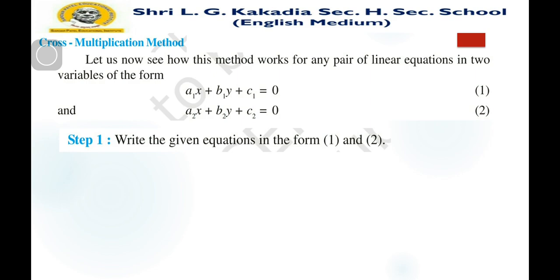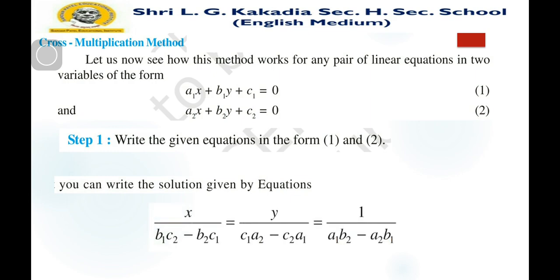Now in the next step we write the solution of the given two linear equations in this form. You can write the solution as x upon b1 c2 minus b2 c1 is equal to y upon c1 a2 minus c2 a1 is equal to 1 upon a1 b2 minus a2 b1.